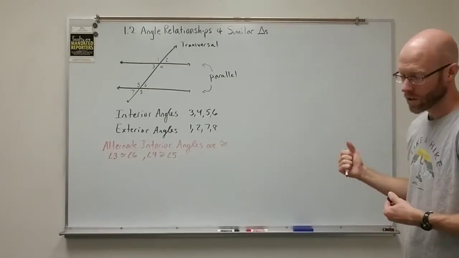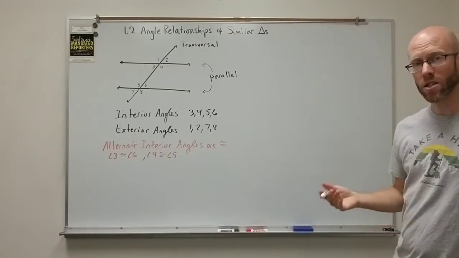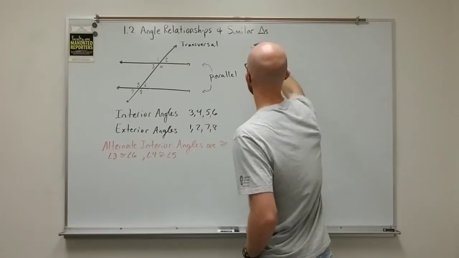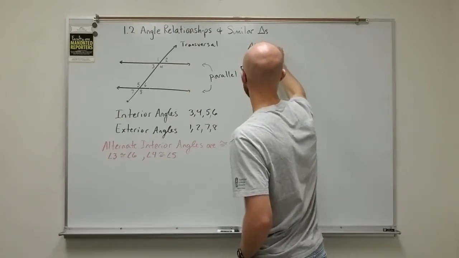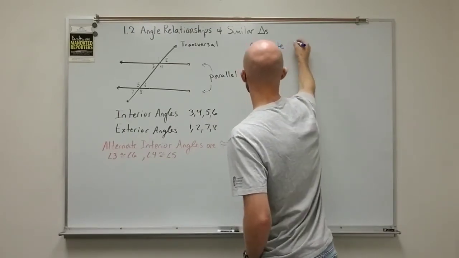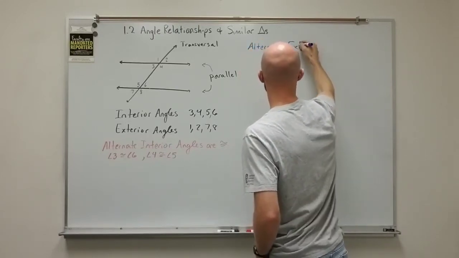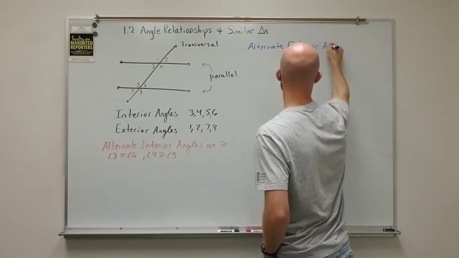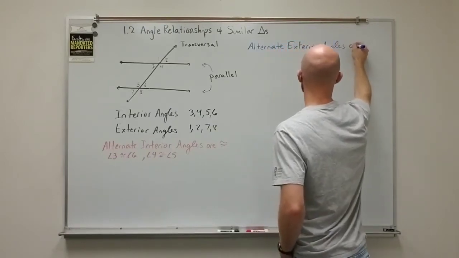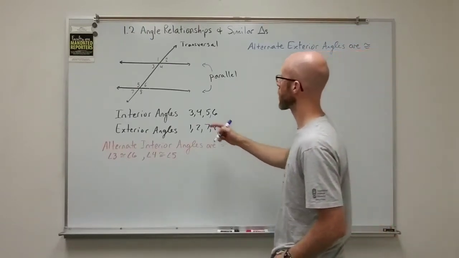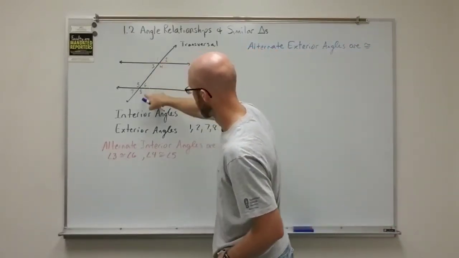All right, let's look at another one, alternate exterior angles. So instead of looking at the inside, let's look at the outside. Alternate exterior angles, they're also going to be congruent. Okay, so alternate exterior angles, that would be like 1 and 8.